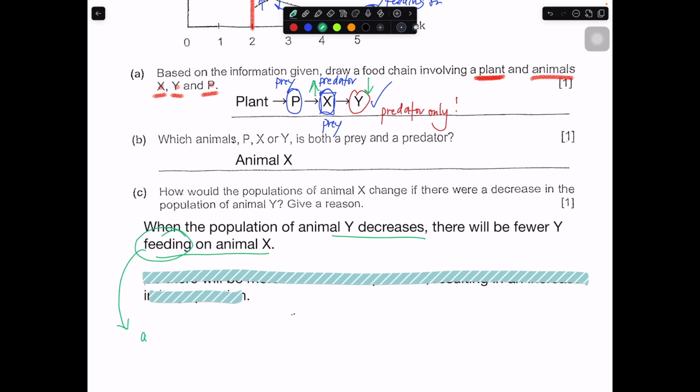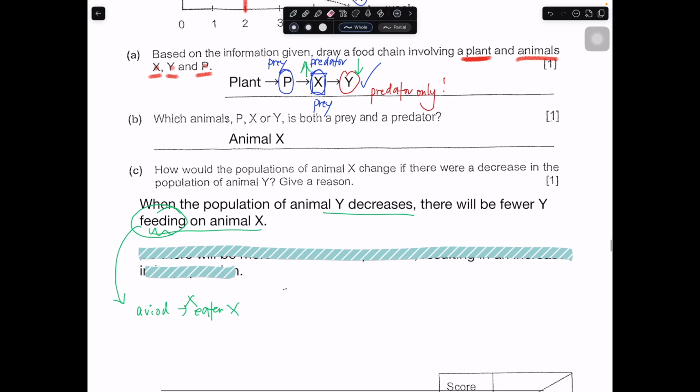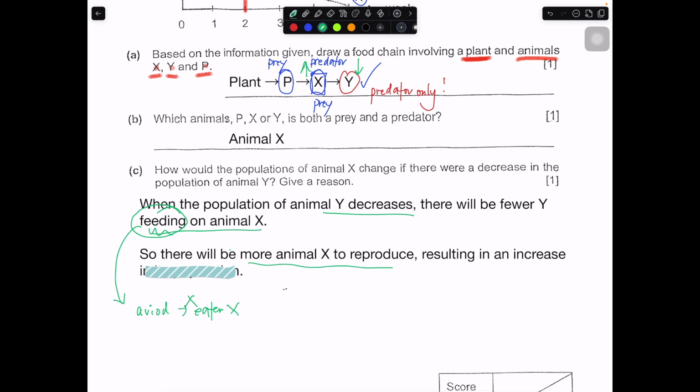Okay, always try to use the word feeding. Avoid saying eaten or Y eats X. Don't use this. Feeding will be the best word to use. It's more scientific in this case. Okay, and then there will be more X to reproduce, resulting in an increase in its population.